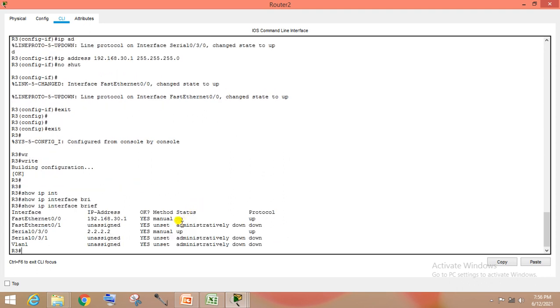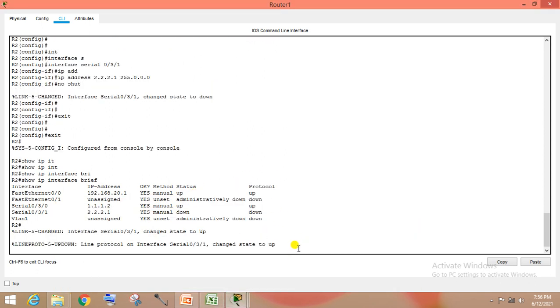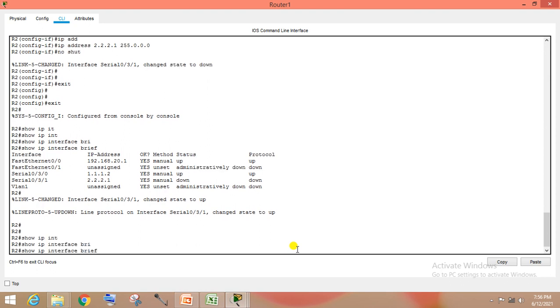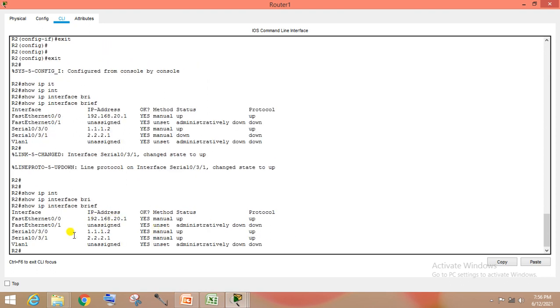Now you can check. We have assigned the IP address to the LAN interface and the WAN interface, and we can also check the protocol on all routers. Okay, this was LAN 1, LAN 2 and the WAN interface. All protocols are up.